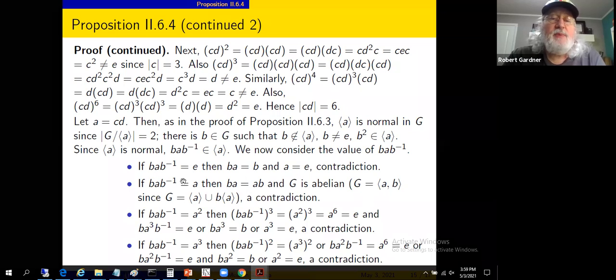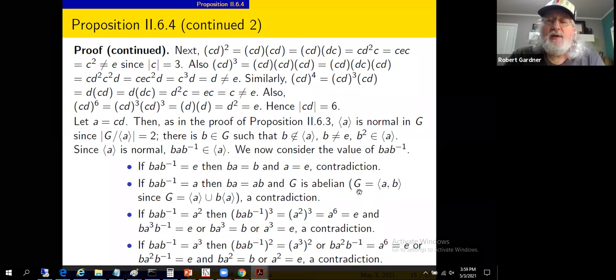What if BAB inverse equals the identity? Then BA equals B, multiply on the right by B. That only occurs when A equals the identity. A is not the identity. A is an element of order 6, so it's not the identity. How about BAB inverse equals A to the first power? Cross multiply, BA equals AB. Here's what we're dealing with, and this was similar to something we had in the previous proposition as well.